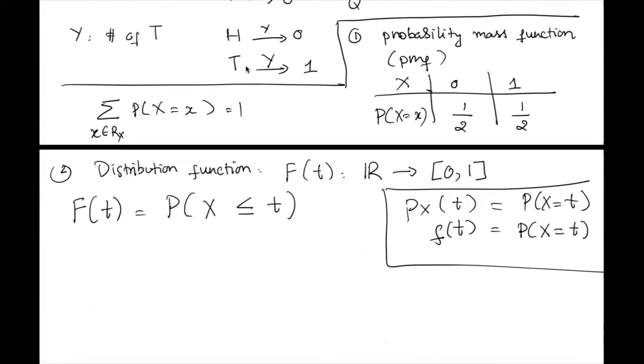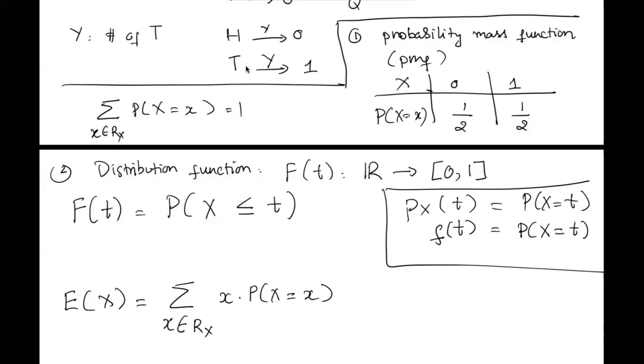Next is the formula for the expected value and then the variance of a random variable. In order to calculate the expected value of a random variable, you have to go through all the possible values of the random variable, like go through every element in the range of the random variable. You take each value and multiply it with the probability that the random variable takes on that specific value.